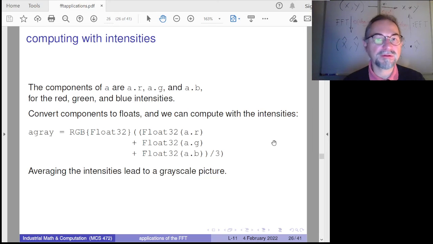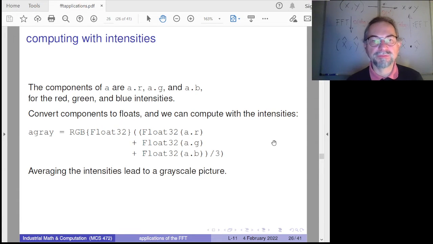And we can convert them to floats if we want to compute with them. And why would we want to compute with them? Well, here is a useful operation. If we average the intensities, then we get a grayscale picture. So in this averaging operation, notice the typing. The AR, AG, AB, the red, green, and blue intensities, are these unsigned integers.